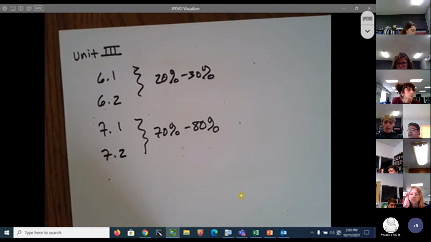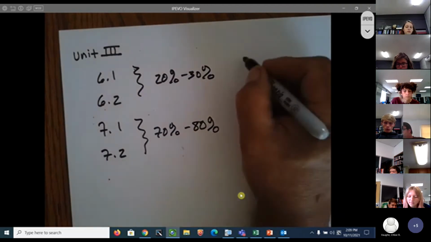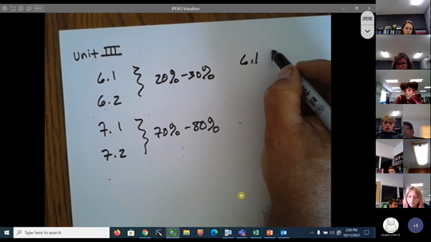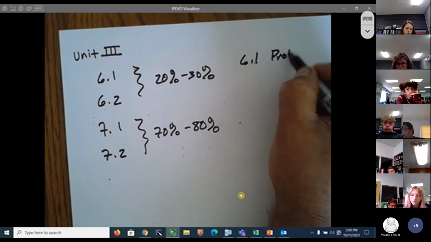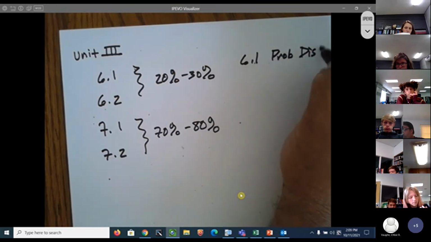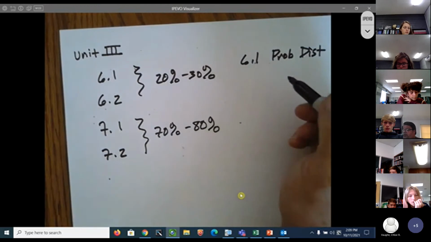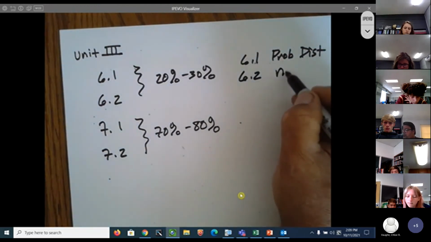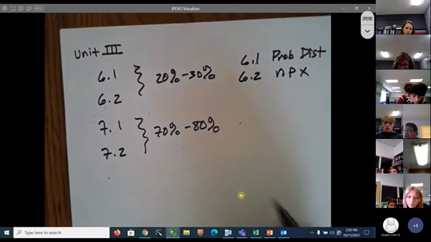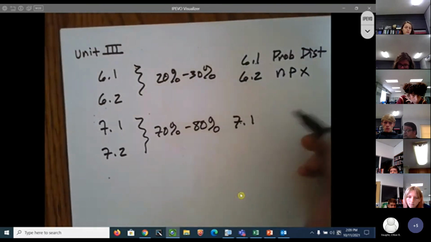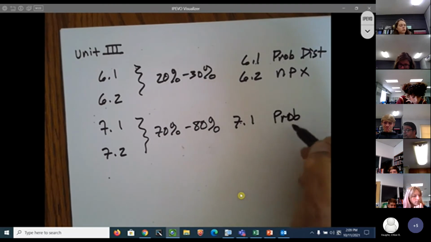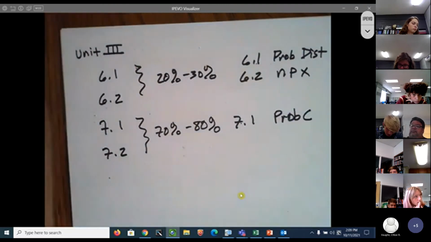So what is 6.1? 6.1 is talking about probability distribution, finding the mean and standard deviation. 6.2 is NPX. 7.1 is probability under the curve, this right here.